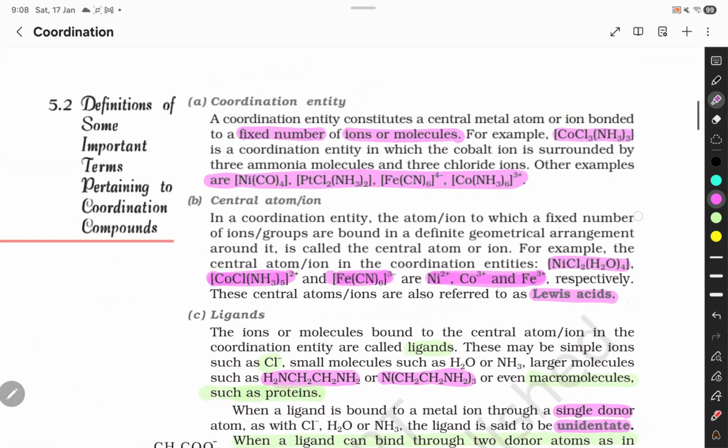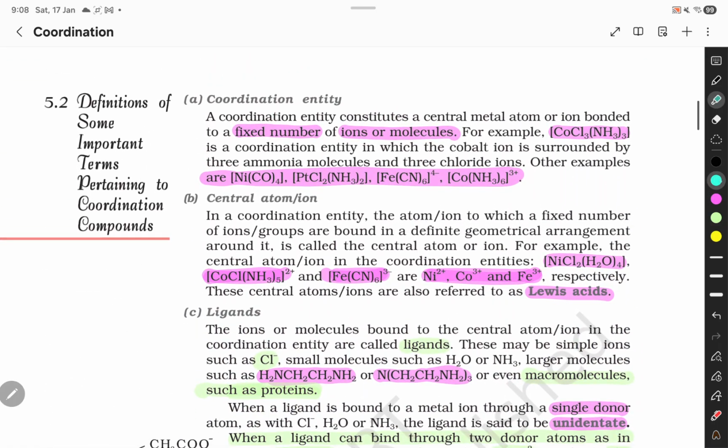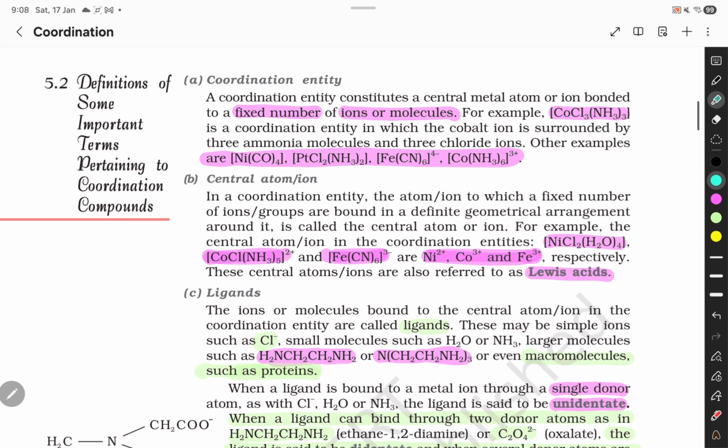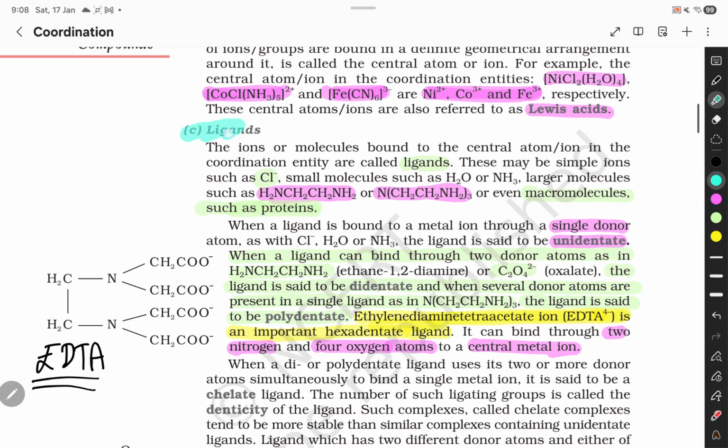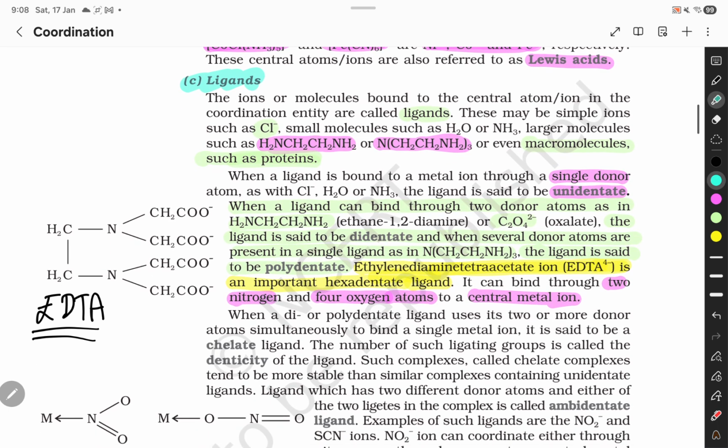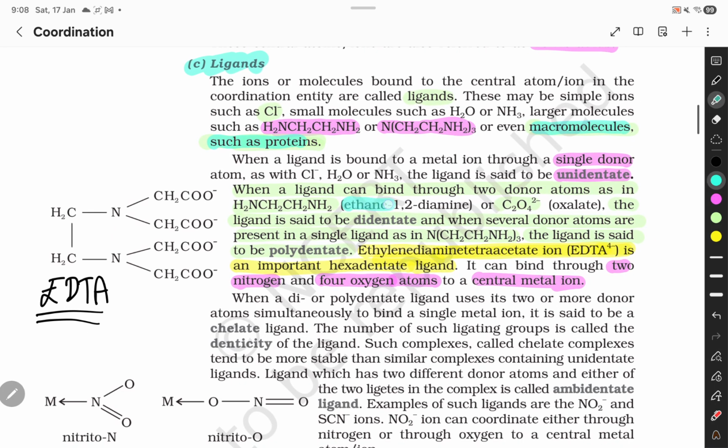In this paragraph, they're just talking about the definition of coordination compounds. I am presuming that we all know all of this, like coordination entity, central atom, ligands. But for ligands, they have said something about macromolecules. Macromolecules such as proteins can also act as ligands. Then they've given ethane-1,2-diamine, that too everybody knows.